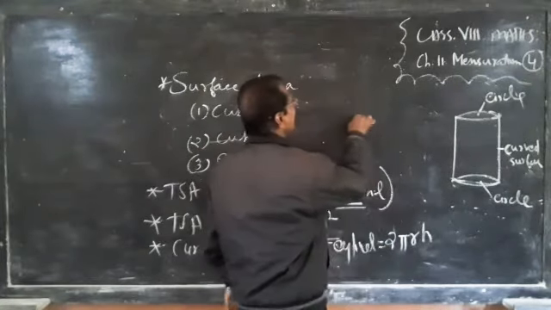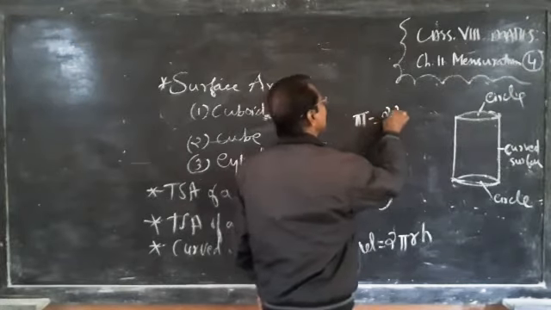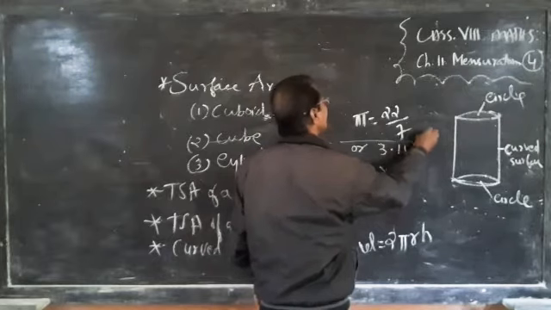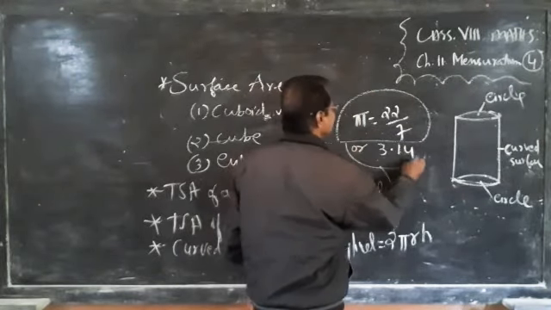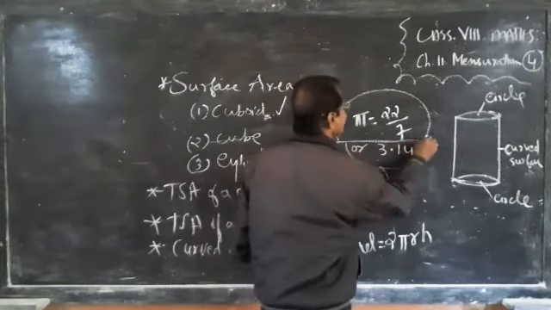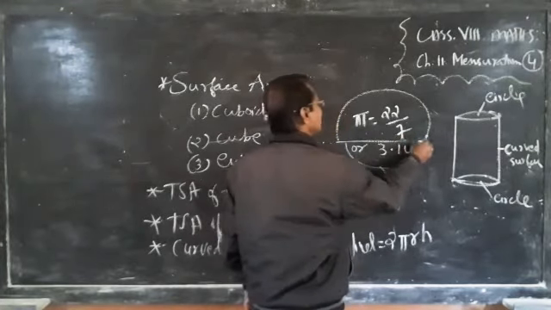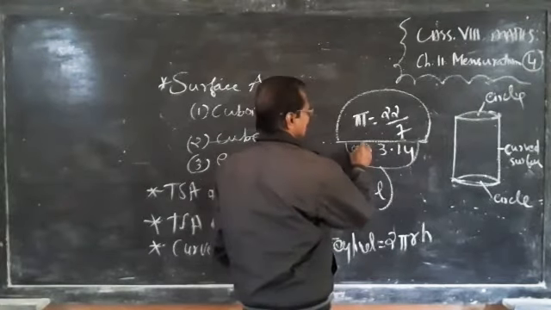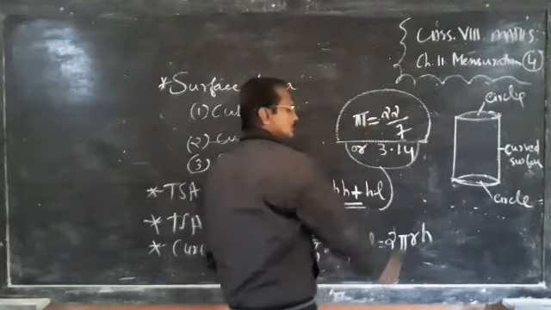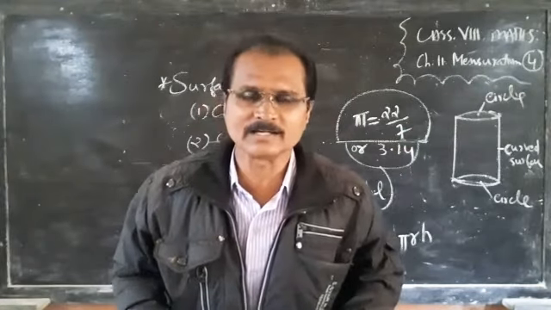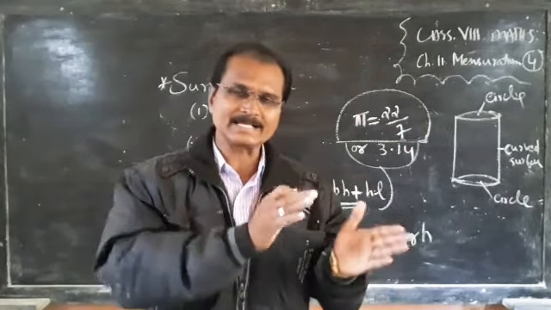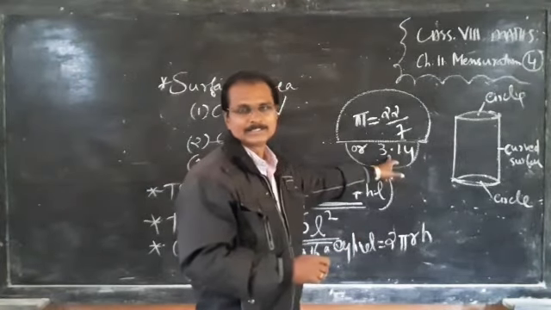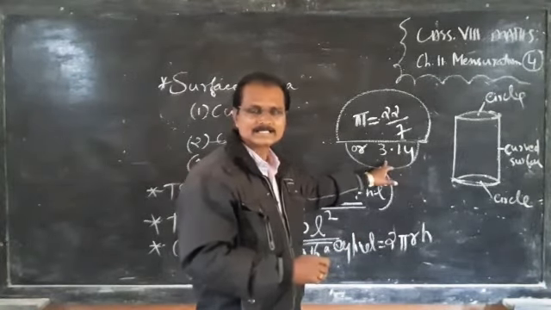So what is the value of pi? The value of pi is 22 divided by 7, or decimal 3.14. This is the fractional form, this is the decimal form. The rule is, always take pi equal to 22 divided by 7, unless the question itself states to take pi equal to 3.14.